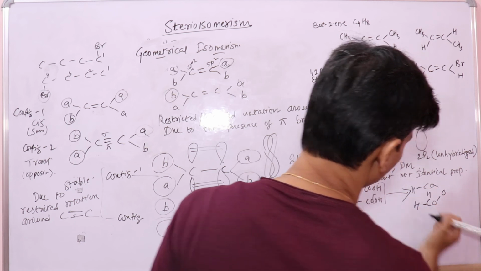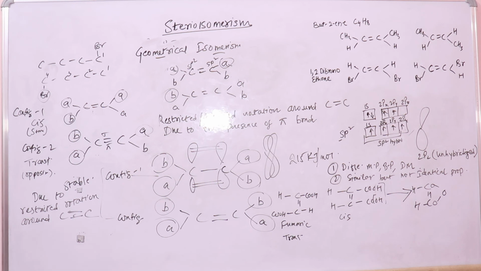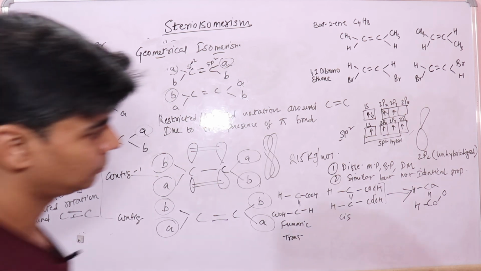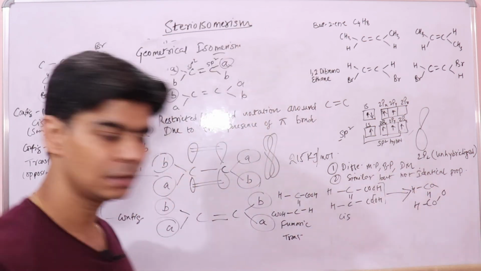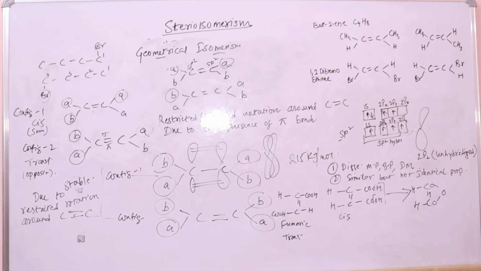Fumaric anhydride is not formed, maleic anhydride is formed. So that's what it means.